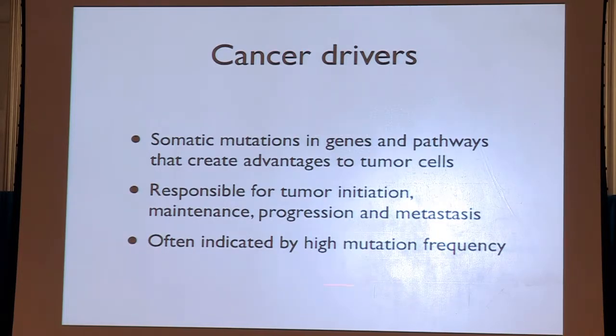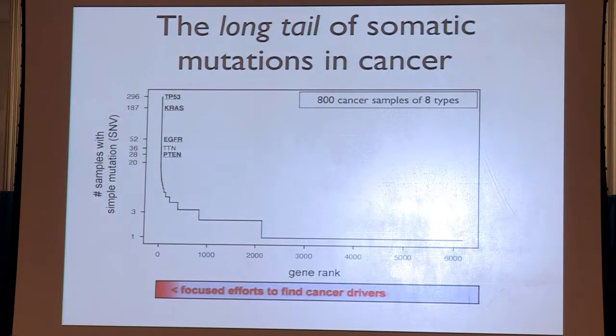So the main way that people distinguish the drivers versus passengers is by looking at mutation frequency. If a gene is mutated over and over again in different independent samples, it's very unlikely that that is due to chance, and you would expect that that has something to do with cancer tumor progression and development. And people have seen certain genes mutated a lot more often than others.